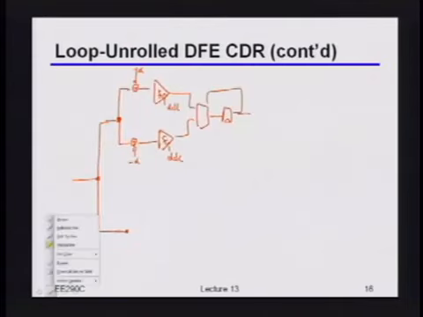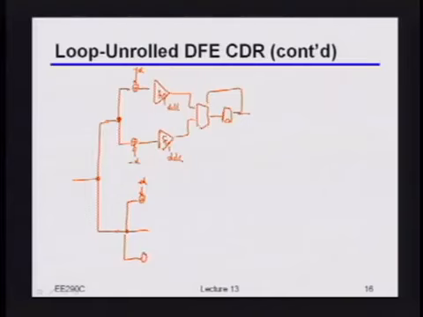Okay? So in other words, we'd now have to draw 3 different comparators. So again, one with a plus alpha offset, one with 0 offset, and one with a minus alpha offset. And of course, all of these guys are clocked by the edge clock.